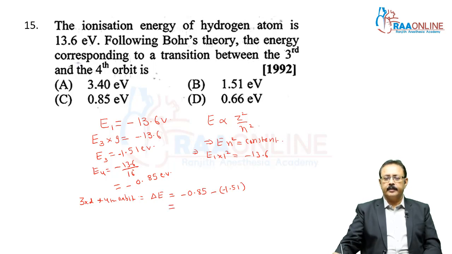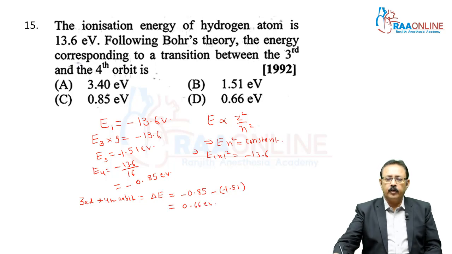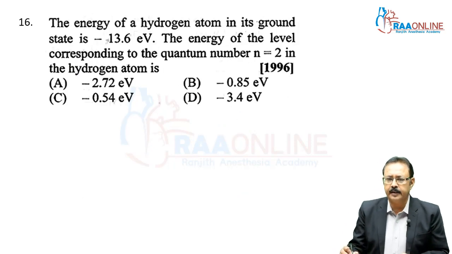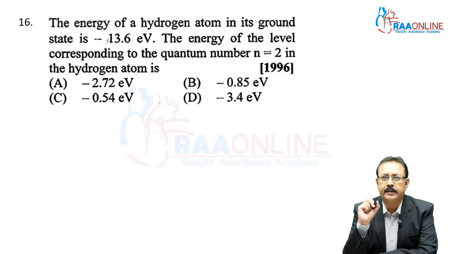So you will get 0.66 electron volt. So we will go with option D. 15th D. 16th, it is from 1996 AIPMT.